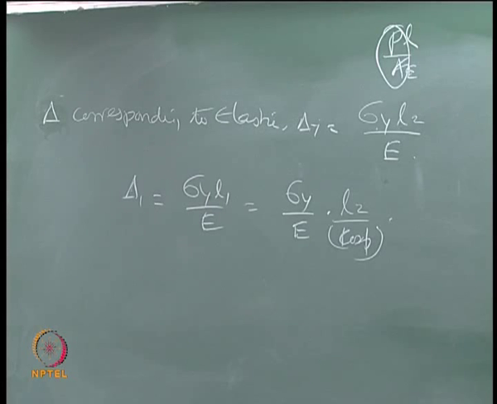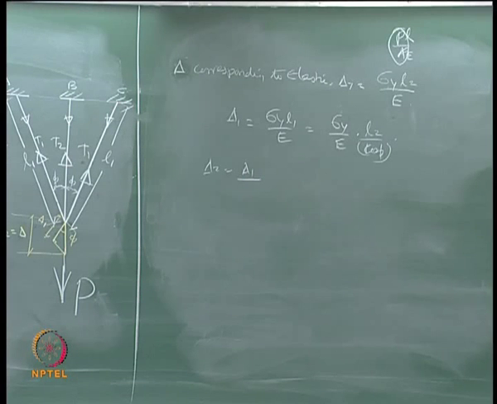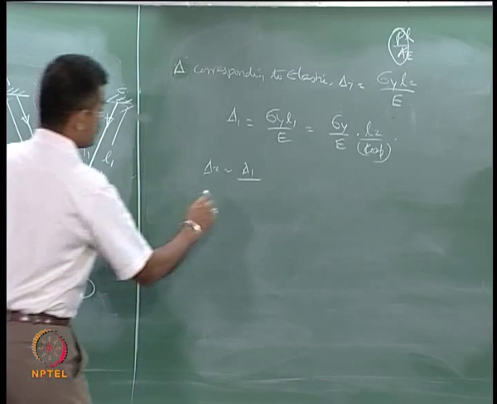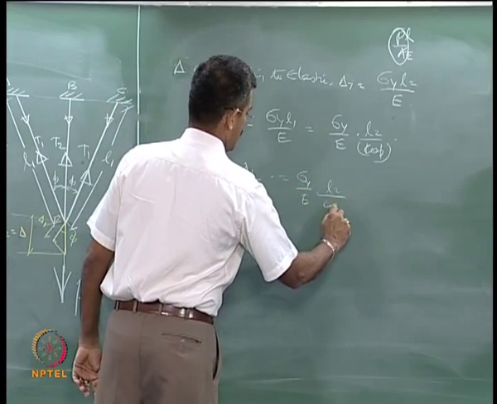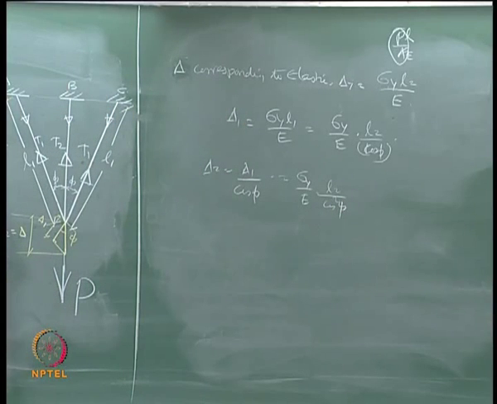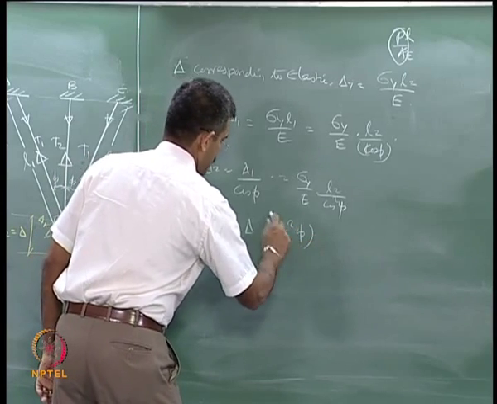Is it not? So, delta 2 is delta 1 by cos phi, which is nothing but sigma y by E L2 by cos square phi, or I should say delta 2 is delta times secant square.